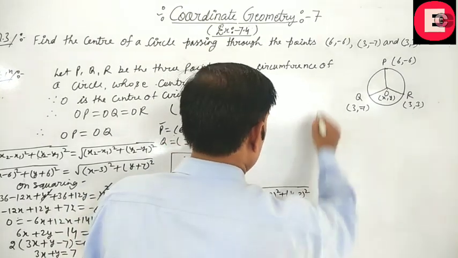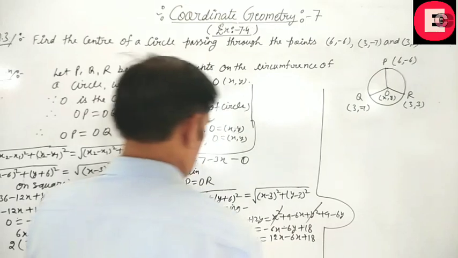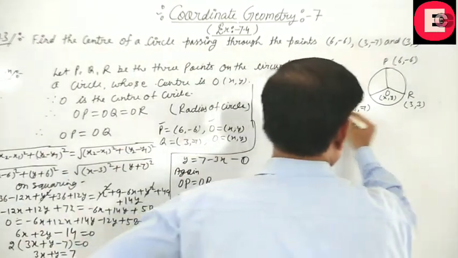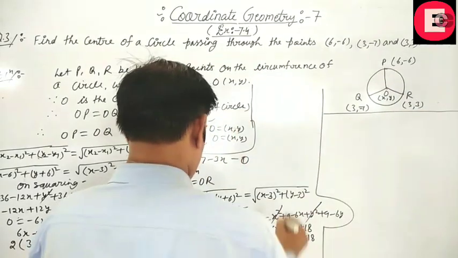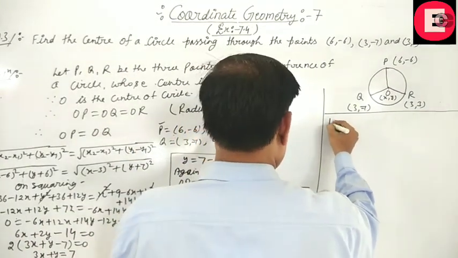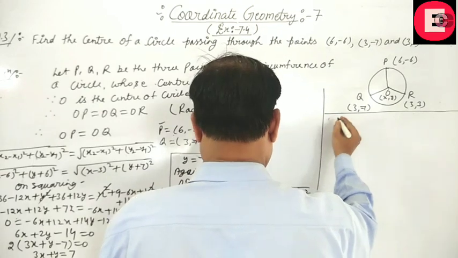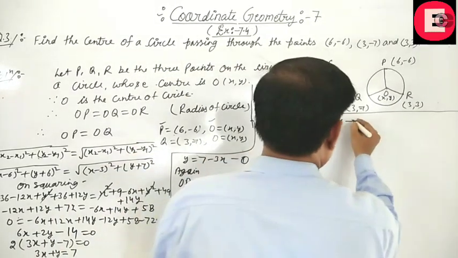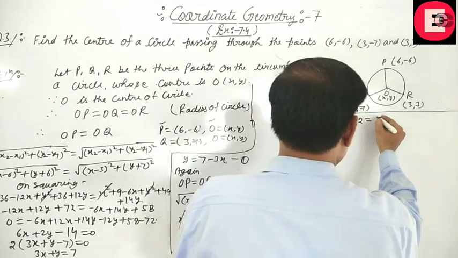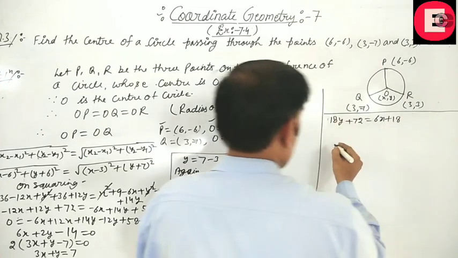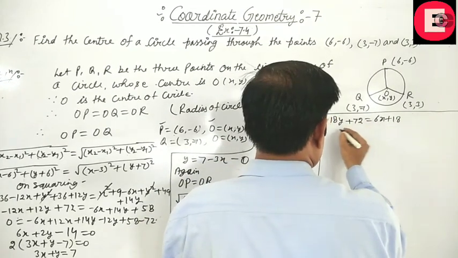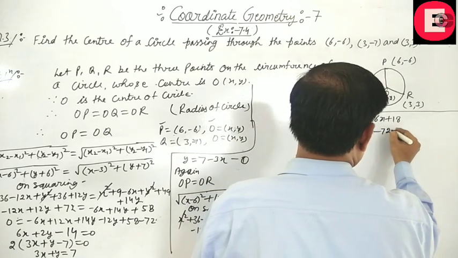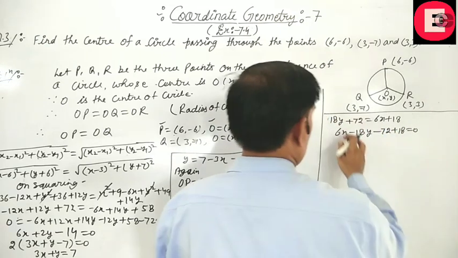So 18y plus 72 is equal to 6x plus 18, and 6x minus 18y minus 72 plus 18 equal to 0.